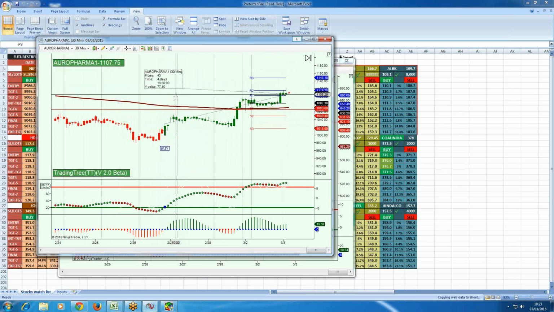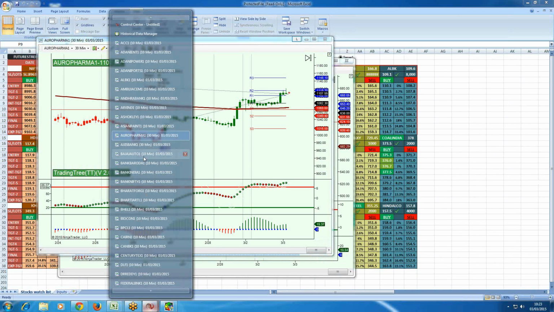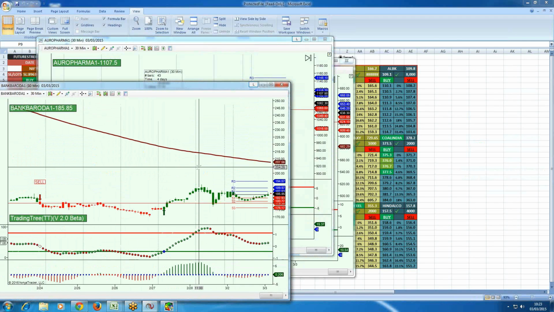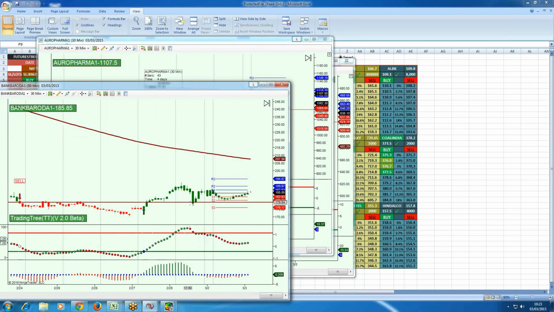So that's around 77 rupees for Aurobindo Pharma. You can just multiply that with your lot size, and then you can see what is the profit. So that's Bank of Baroda.